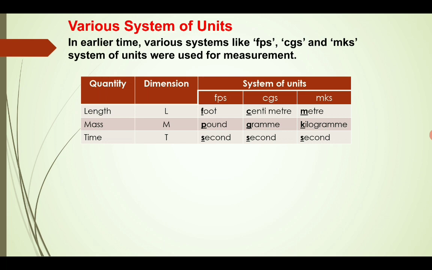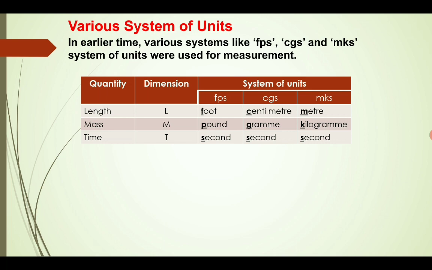Now the drawback of using these different units is this: suppose a person is working on an experiment and he discovers or invents something new. It might be possible that some other person in another part of the world is performing the same experiment and figures out something new.